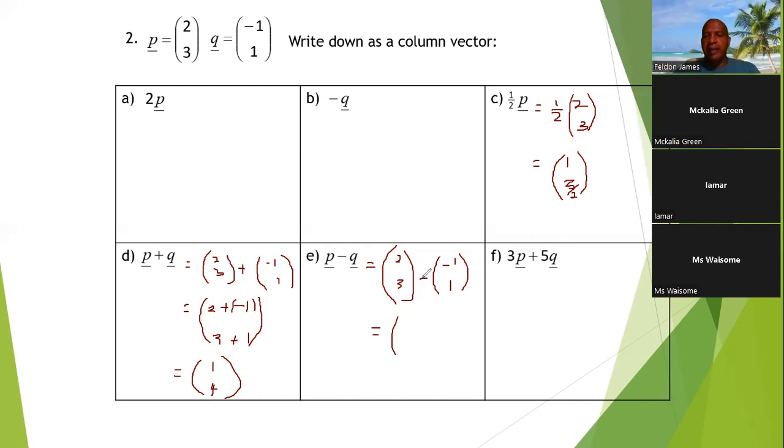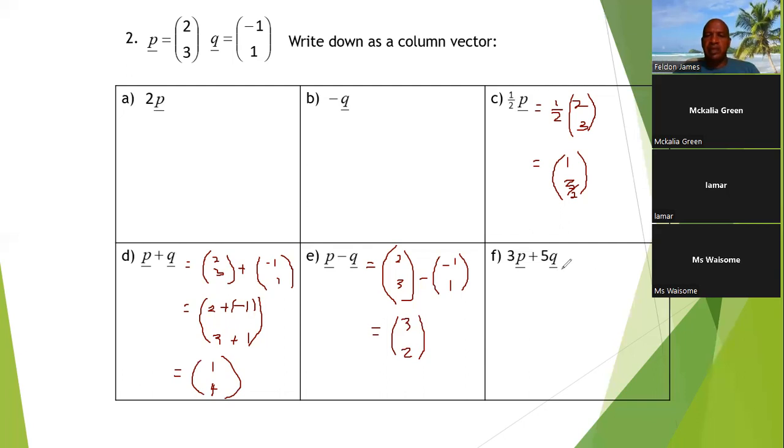When you're minusing a minus, it means minus times minus, which is actually plus. So minus times minus 1 is a positive 1. So now you add it to the 2. So you have 2 plus 1, which is 3. And then you subtract 1 from 3, which is 2. So that would be your answer. Is that clear, guys?